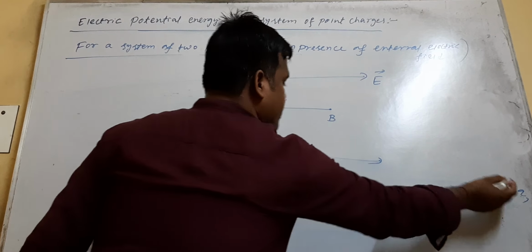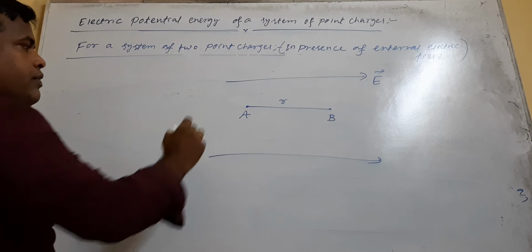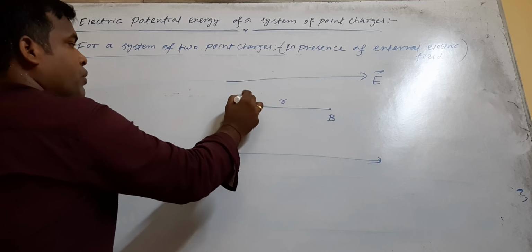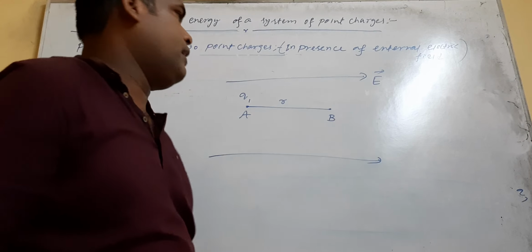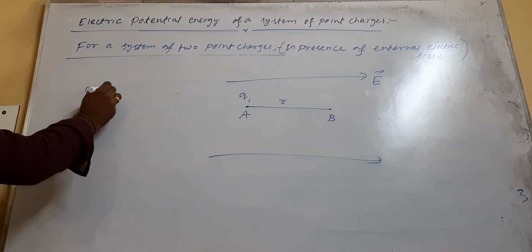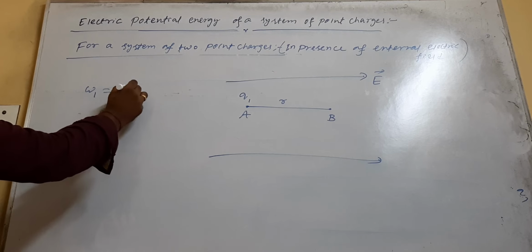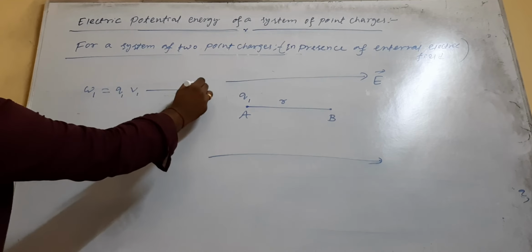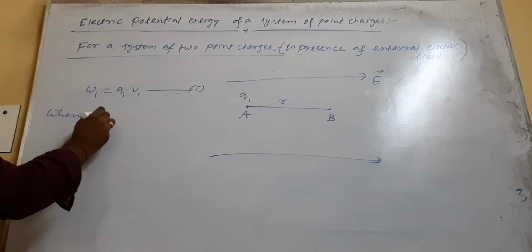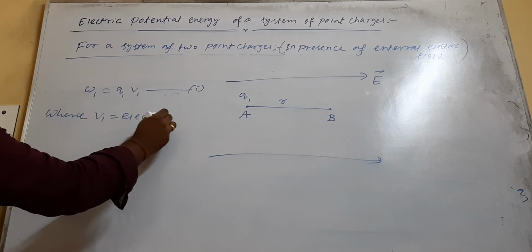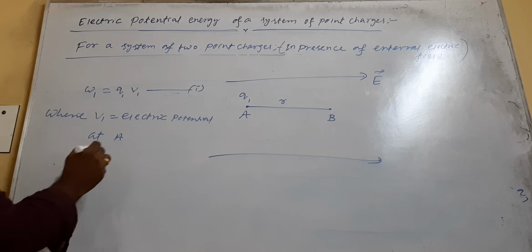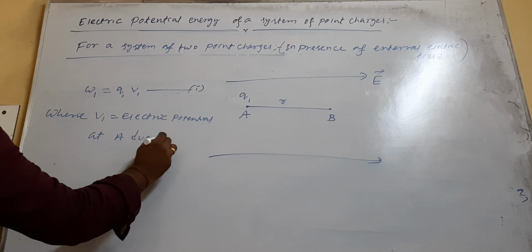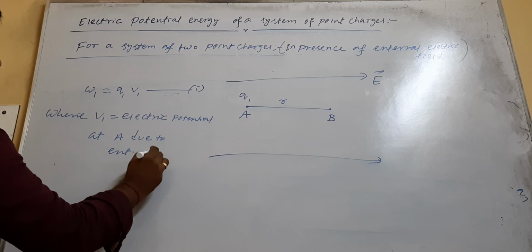When we bring Q1 to A, we have to do work against this electrostatic field. Then W1 will be Q1 into V1, where V1 is the electric potential at A due to the external electric field.